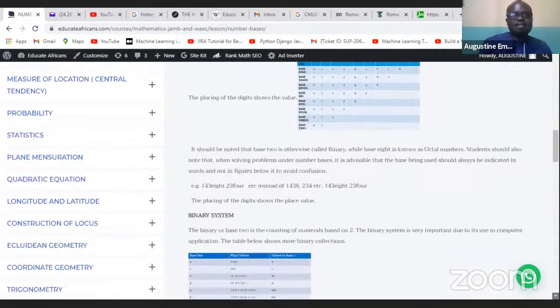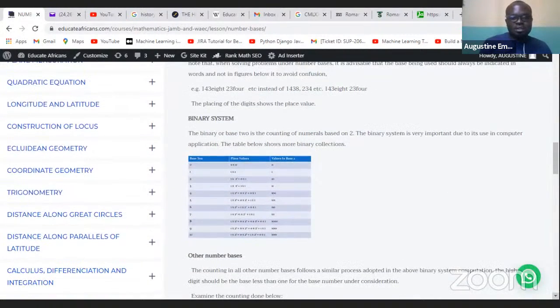Okay, so let's look at the binary system, which is just 0 and 1. When we're talking about the binary system, we're talking about only zeros and 1. 0 is similar to 0 in base 10, and 1 is similar to 1 in base 10.